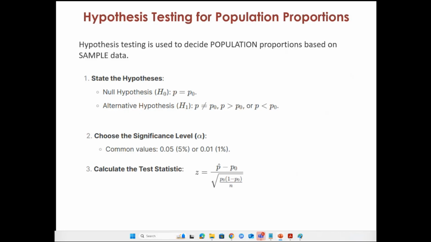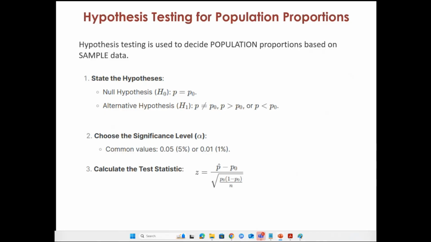Hypothesis testing for population proportion. To answer some of the problems in the assignment, they're basically all hypotheses. As you have tried earlier problems, all of the questions are hypotheses, whether you're determining the mean or the proportion.